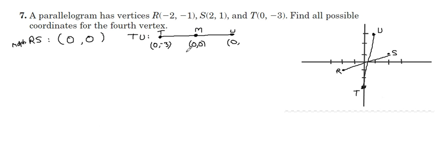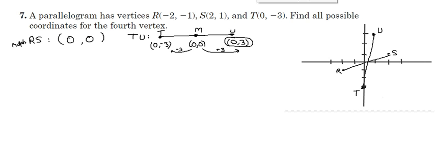Now look at 0 to -3. Didn't I go down 3, -3 this way? Midway, if I go to the other side, I have to go +3 the other way. 0 plus 3 is 3. So one possible value of U is 0, 3.